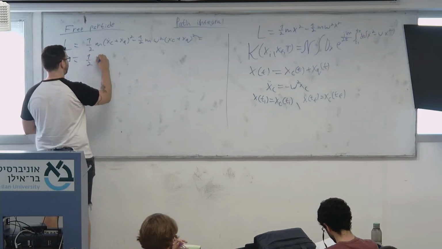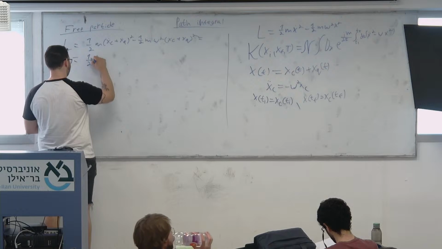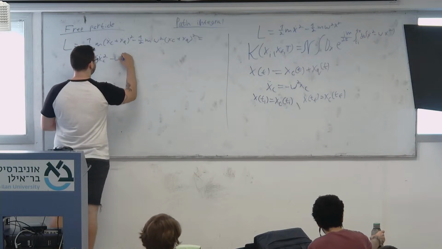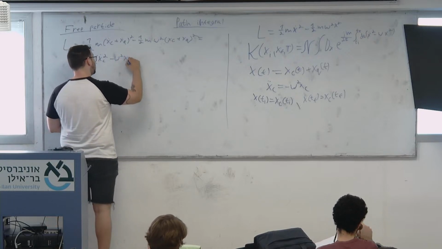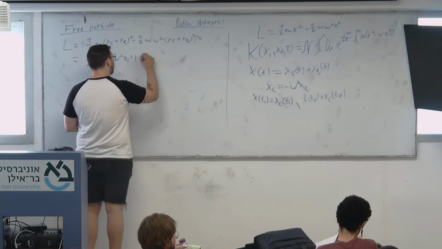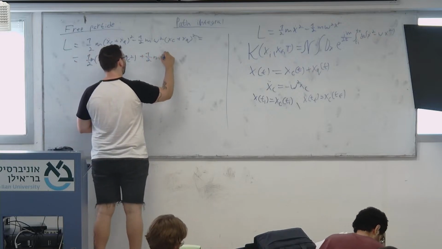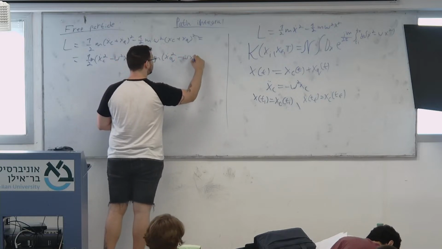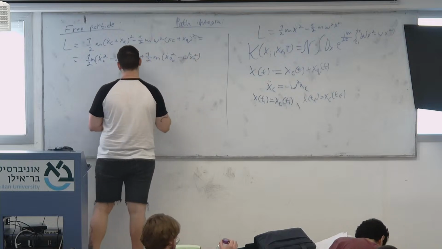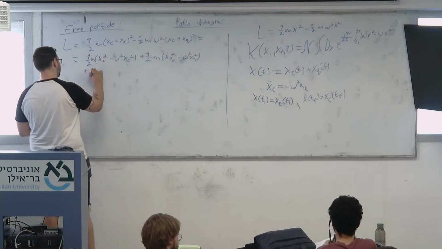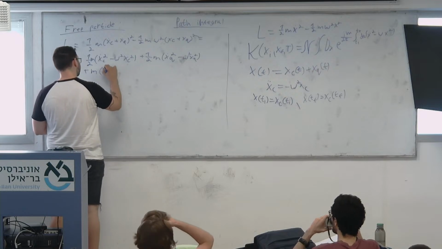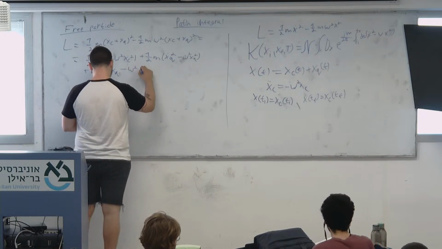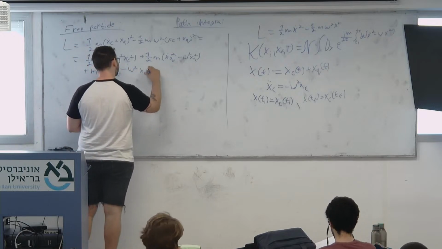So the first one will be 1 over 2 m xc dot squared minus omega squared xc squared, plus 1 over 2 m xq dot squared minus omega squared xq squared, plus, now there's another term here, xc dot xq dot minus omega squared xc xq.